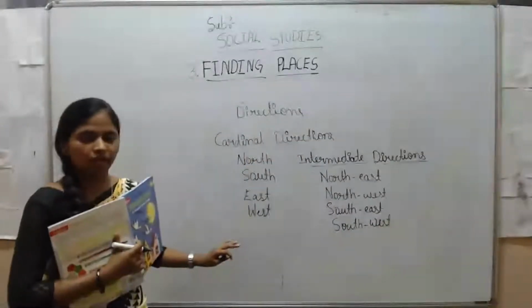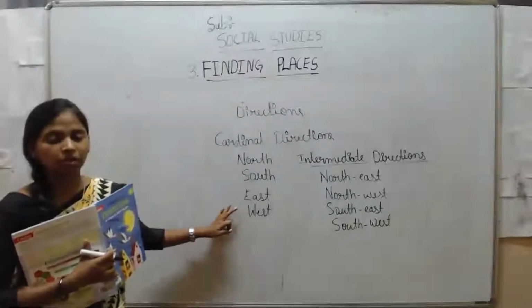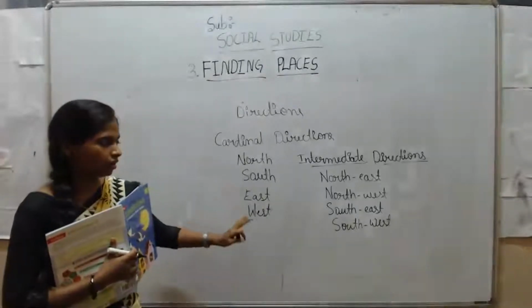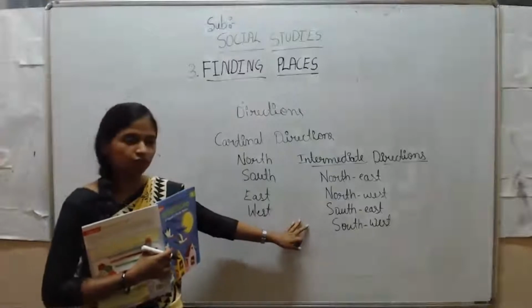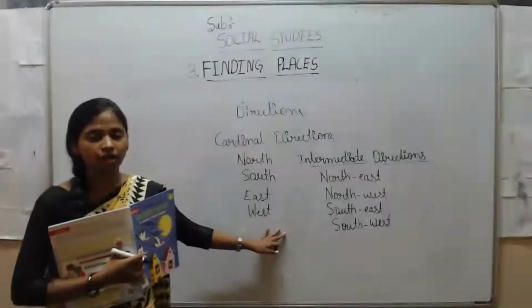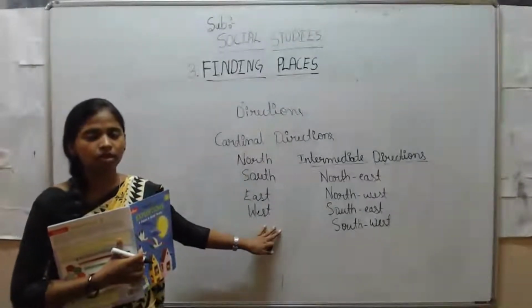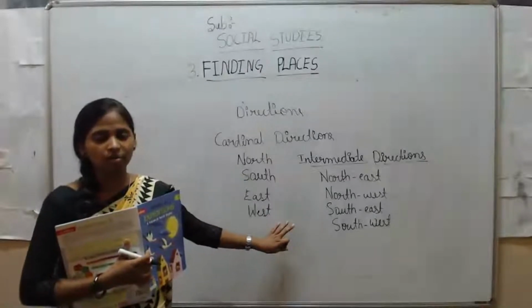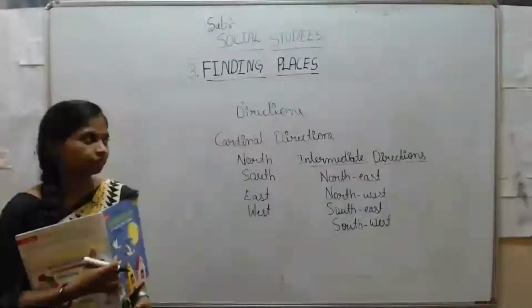So total 8 directions, but we consider these main 4 directions. Those are cardinal directions. Both help us to find the places. These are the directions which will be helpful for finding the places on the earth.